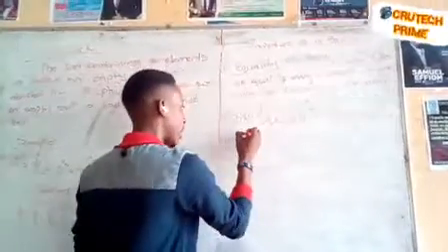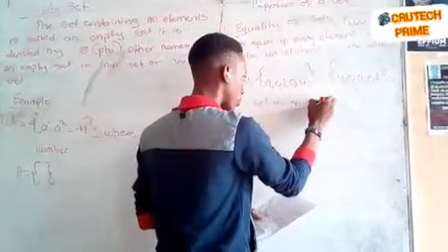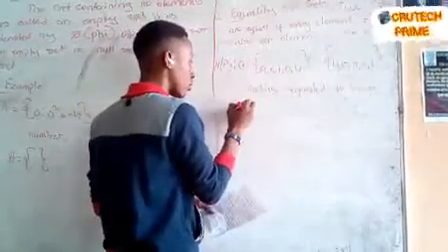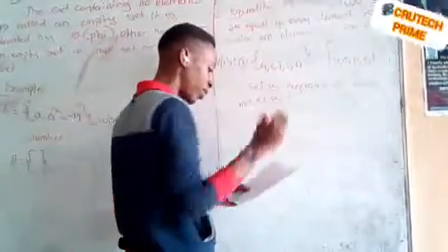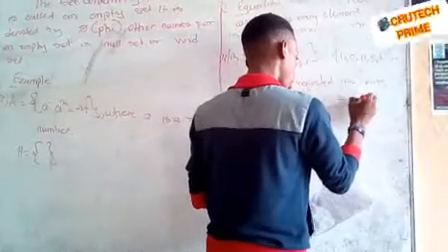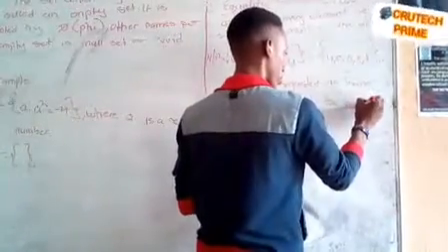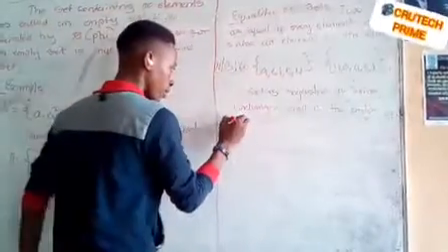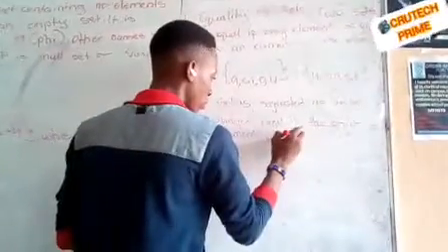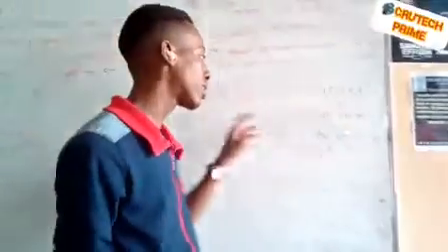So let's write it down. A set is regarded as being unchanged even if the order of its elements is changed.